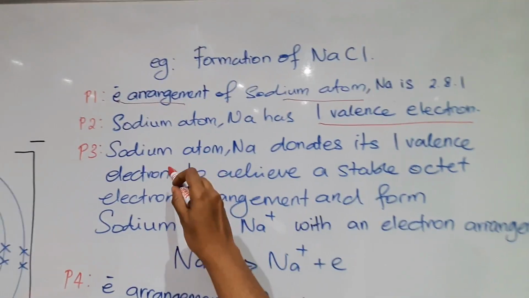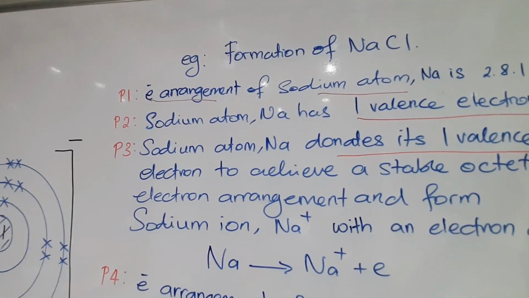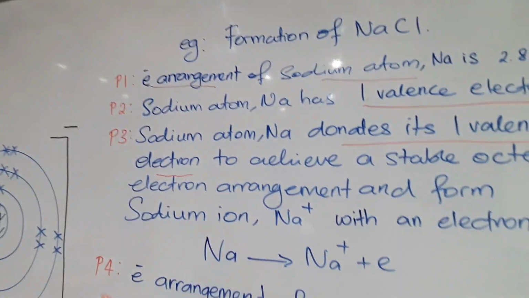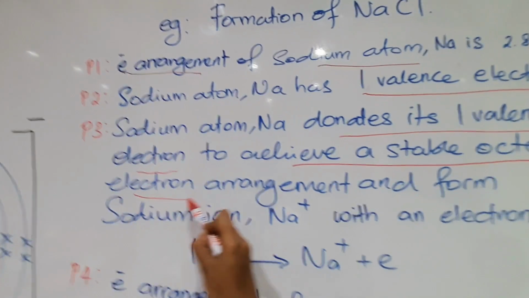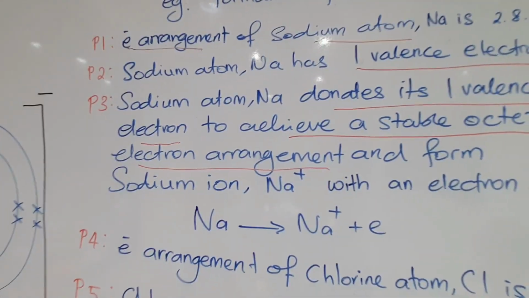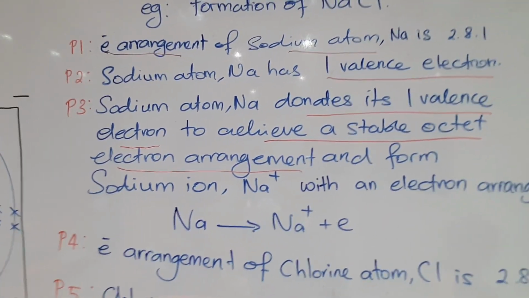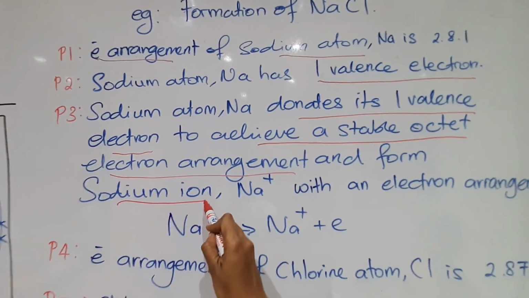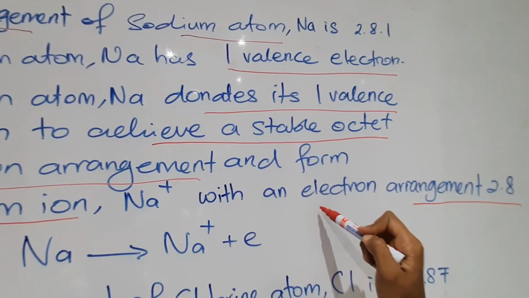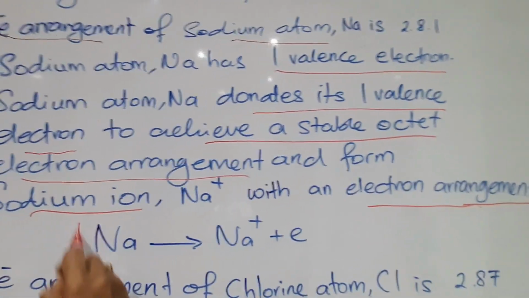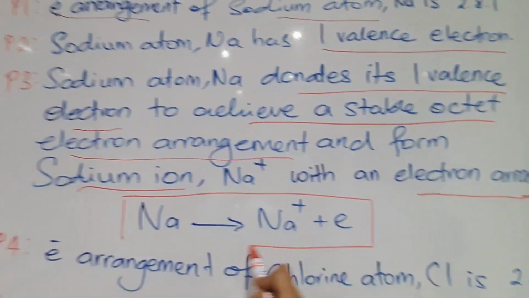Then sodium atom donates how many valence electron? One, to achieve a stable electron arrangement. After they donate, they form the ion, and you have to show the electron arrangement of the ion. And upon that, please end with the half equation.